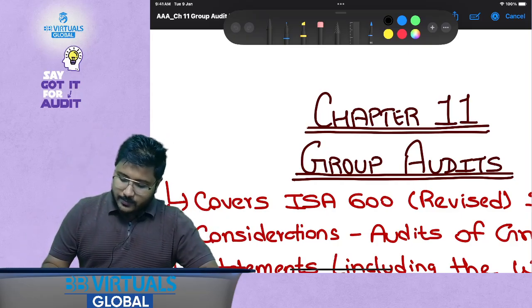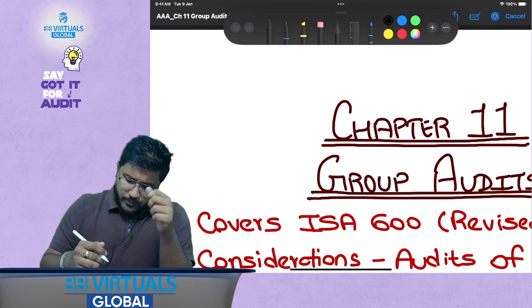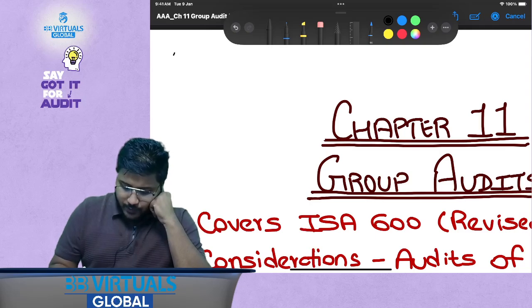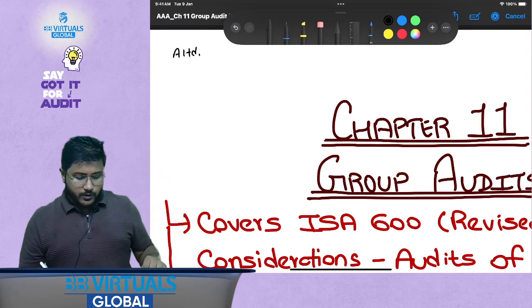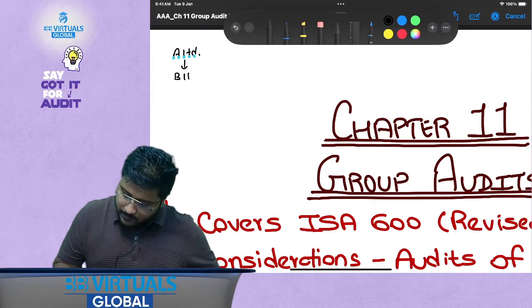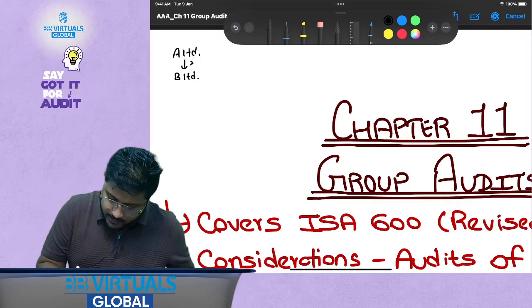Now let's discuss what this group audit is. Okay, so let's talk about a scenario where there's a company, say company A Limited. Now this company controls B Limited, that is, it has more than say 51%.